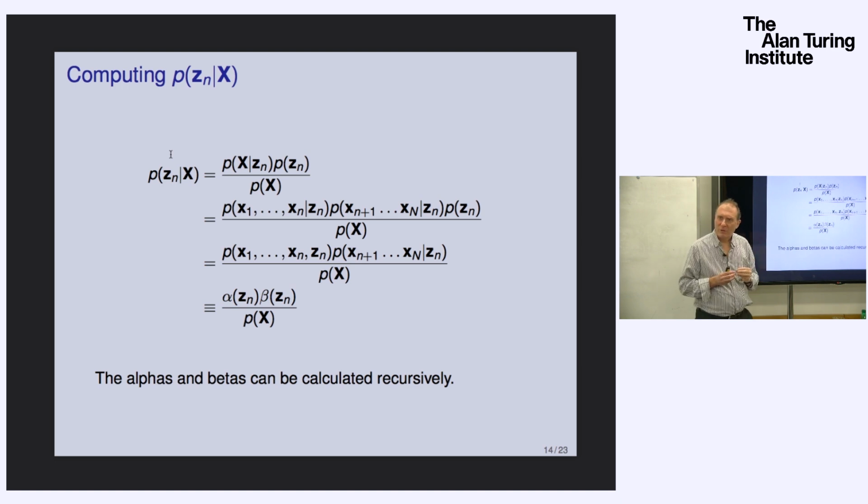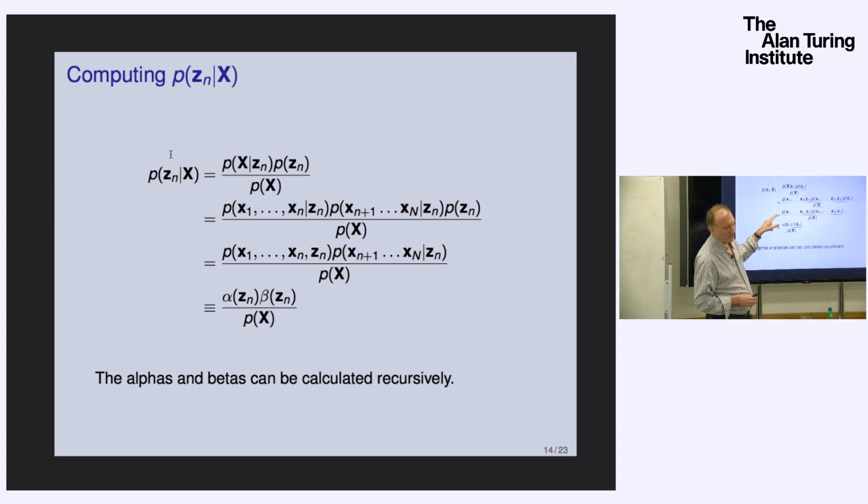We can do that because of the conditional independences that we just talked about a few minutes ago, and then we can pull this Zn into this term here. The reason for giving you this maths is to talk about these notations alpha and beta, which are standard notations in hidden Markov models.